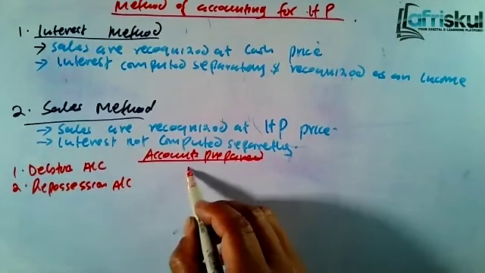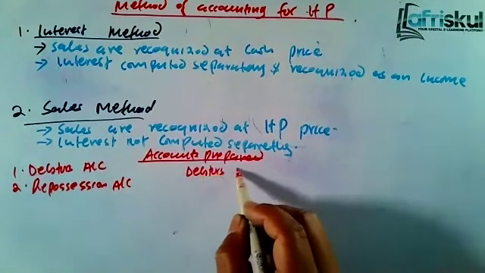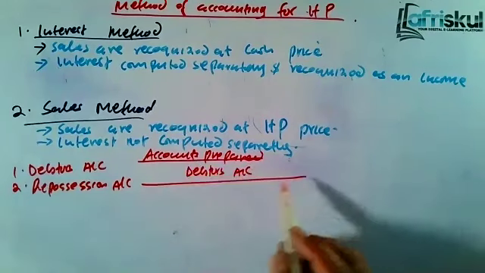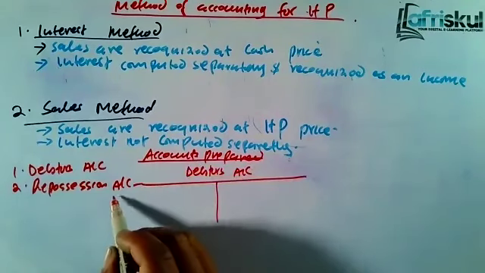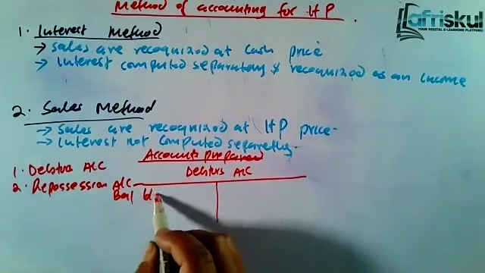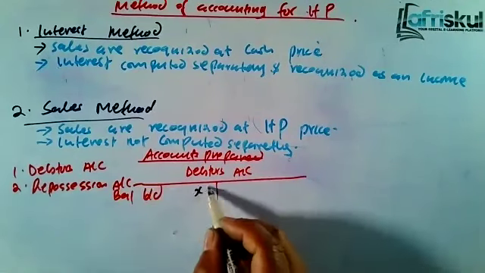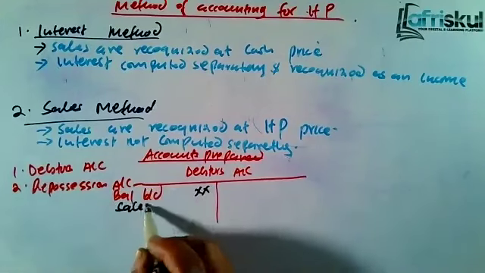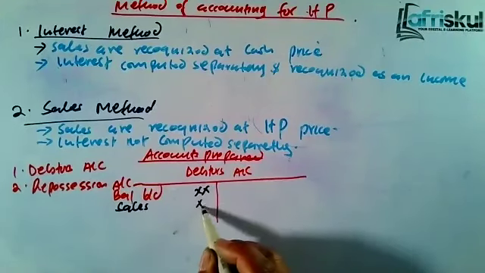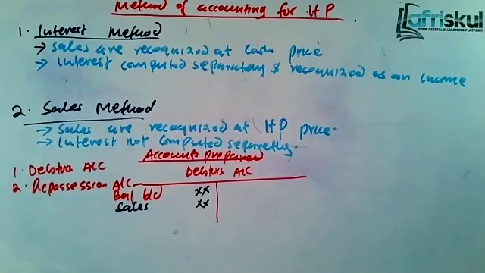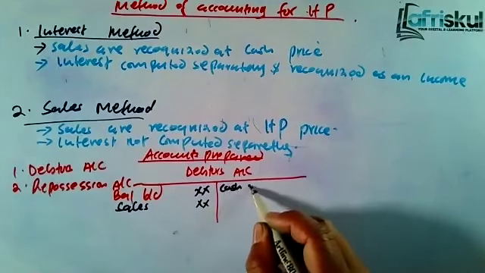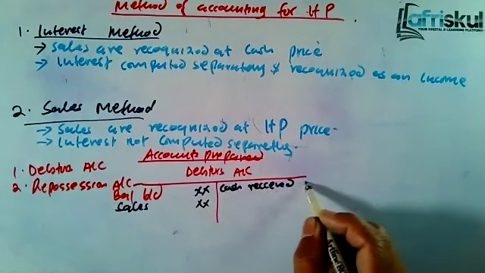Now, when preparing the debtors account, you just bring the balance brought down. This one is an asset. Then you add the sales, those are the sales made on credit. Then, in case they pay, you bring the cash received, which reduces it.